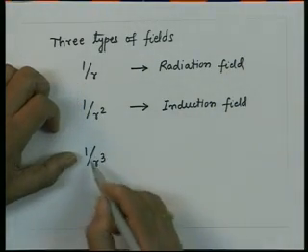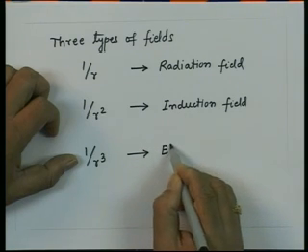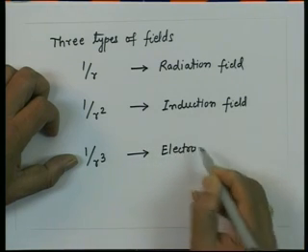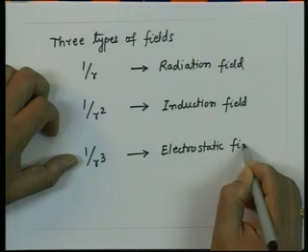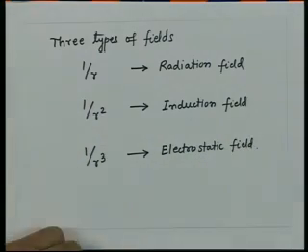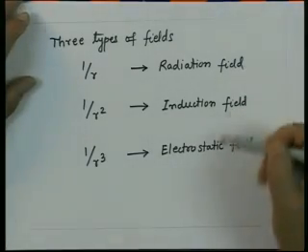And the third term, which varies as 1 over r cube, we call the electrostatic field. And we will try to understand why the terms are called that way.